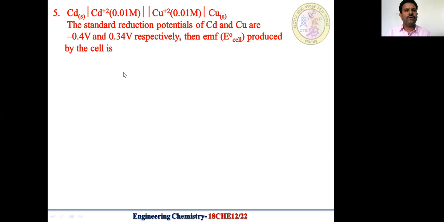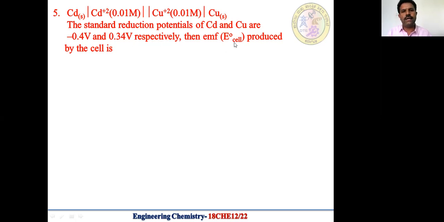Question number 5. The cadmium solid is immersed in cadmium 2+ ion solution of 0.01 molar and copper metal immersed in the solution of copper 2+ ion of concentration 0.01 molar. The standard reduction potentials of cadmium and copper are minus 0.4 volt and 0.34 volt respectively.